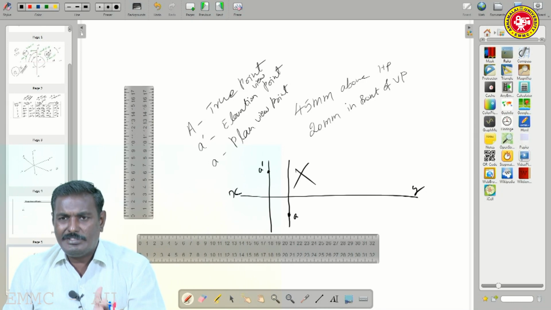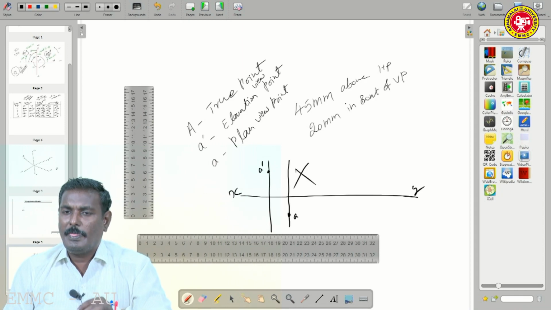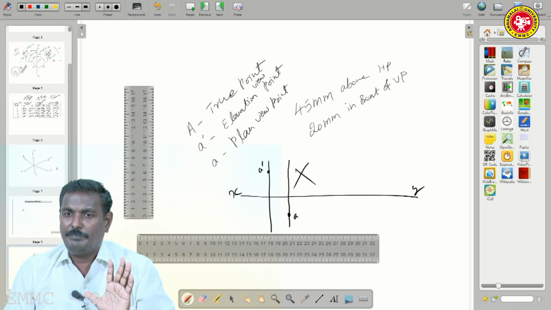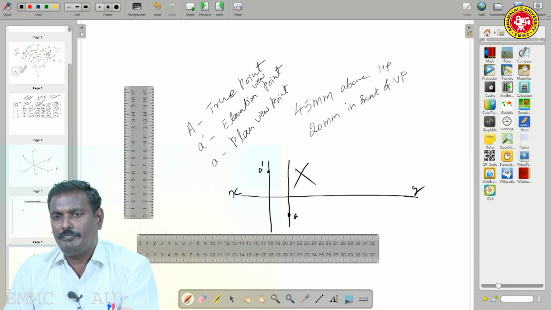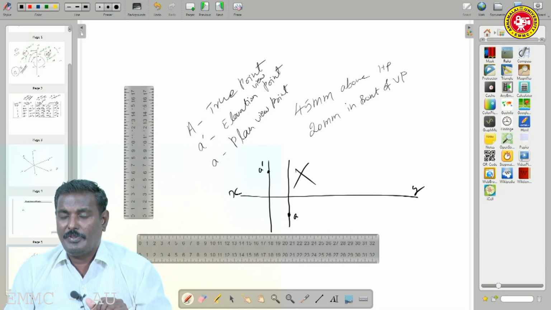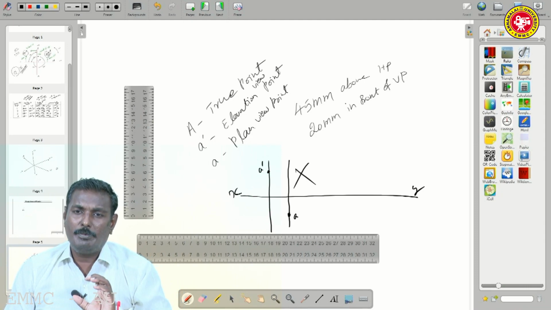If you draw a separate projector for other views, that means the views are different. For example, 6 views are there: right view, left view, front view, back view, top view, bottom view. But for projection we are learning about the front view, that is elevation, the top view, then the end elevation, right or left, depending.